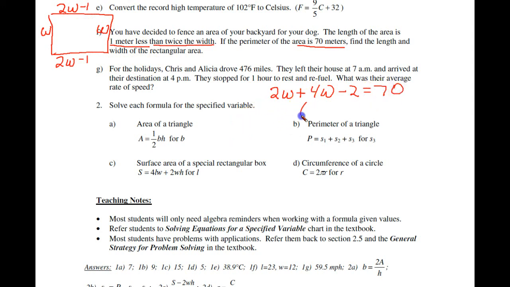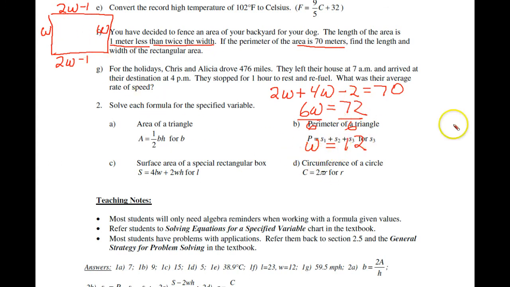So we group like terms, 6 widths, add 2 to both sides, divide by 6, we get W equals 12. 6 goes into there once, perfect.